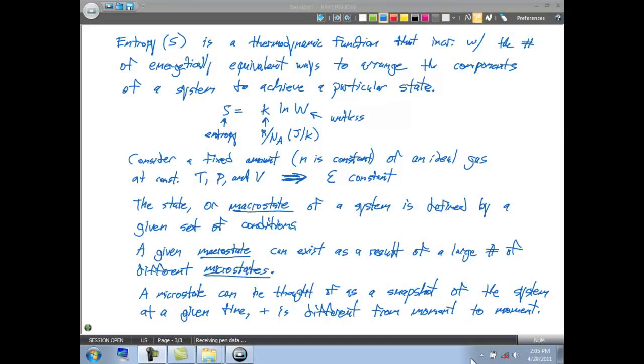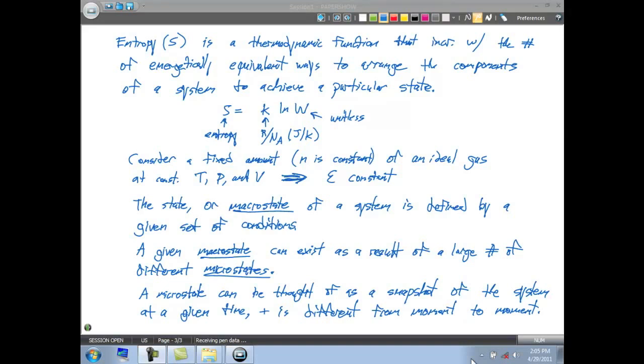So if we look at how these molecules are interacting, with all the molecules bouncing into each other and off of each other, if I hit pause on that screen at any given moment, all 30 of those molecules could have a different speed. We can put restrictions on what the speed of one of these molecules would be just so we can look at these different states.